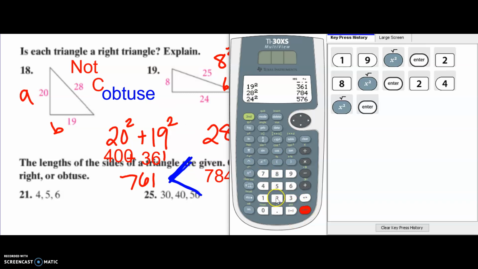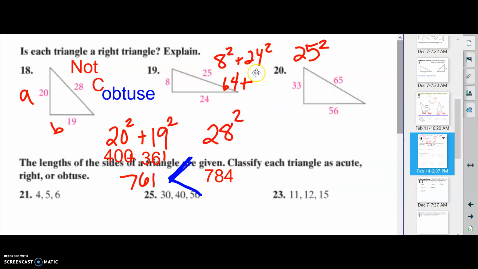All right, so 576 and 625. All right, so 64 plus 576, that would be 640.